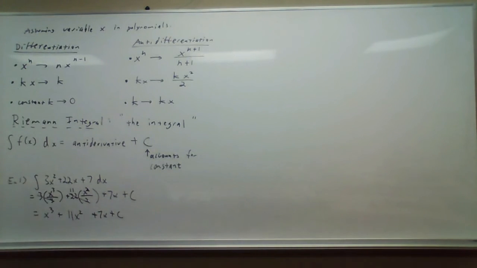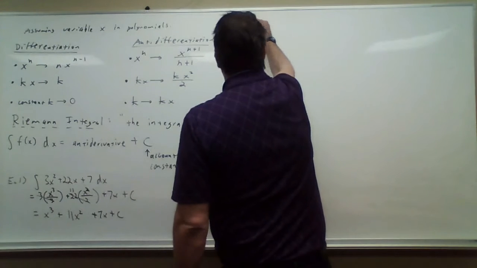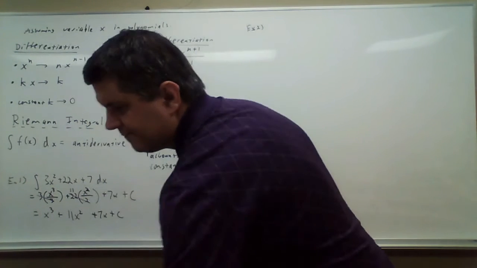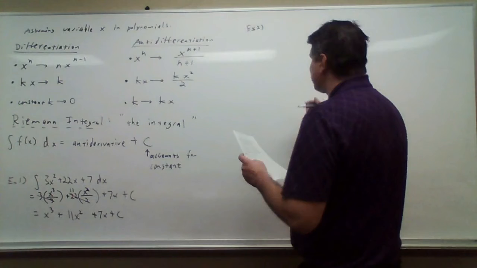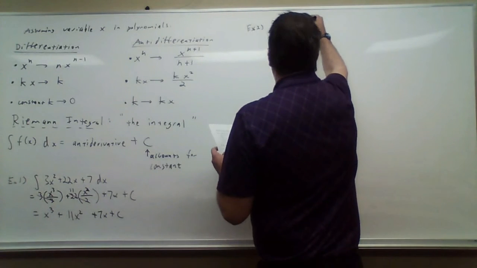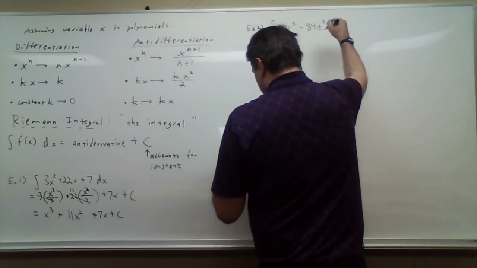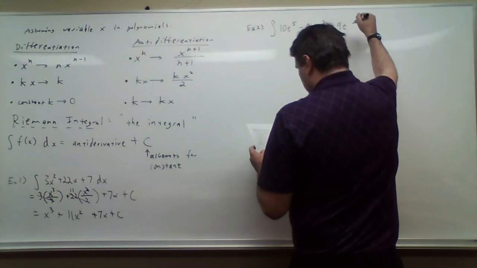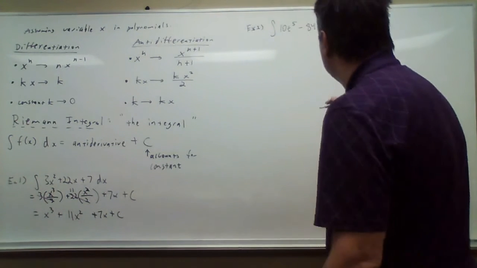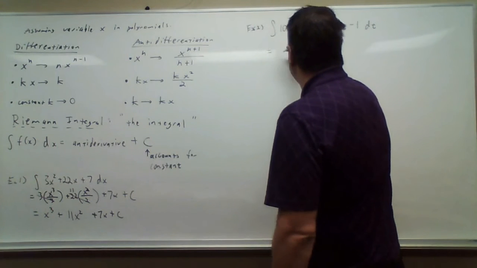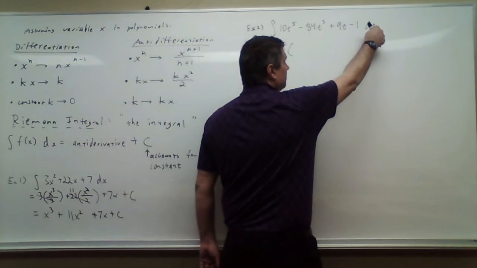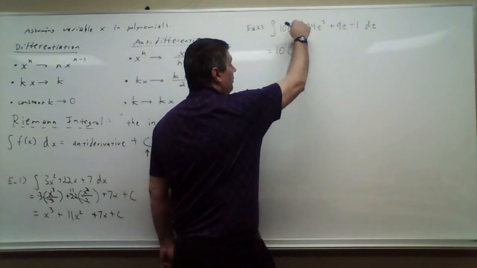All right. Example 2. The integral of 10t to the fifth minus 84t cubed plus 9t minus 1 dt. Okay? So what this is, we have 10, and since we're anti-differentiating with respect to t, we follow these rules for the t.